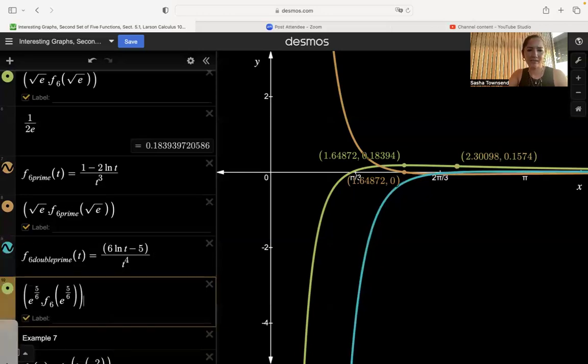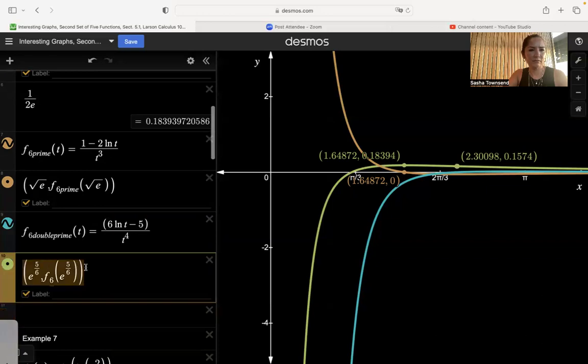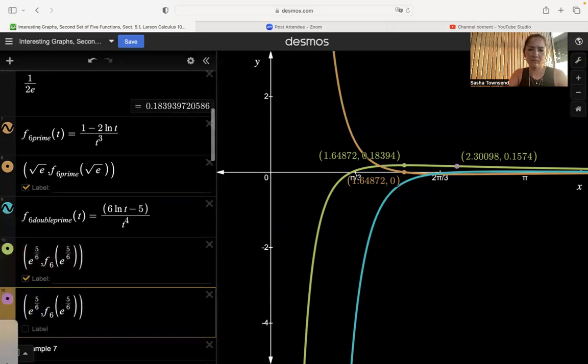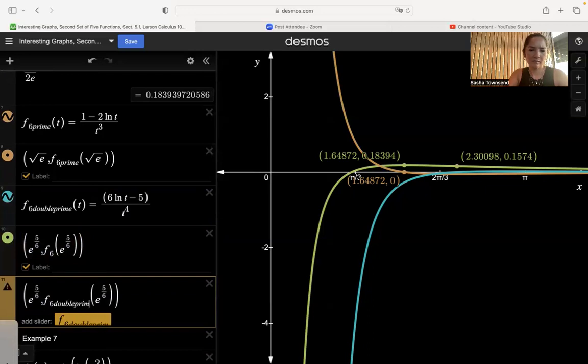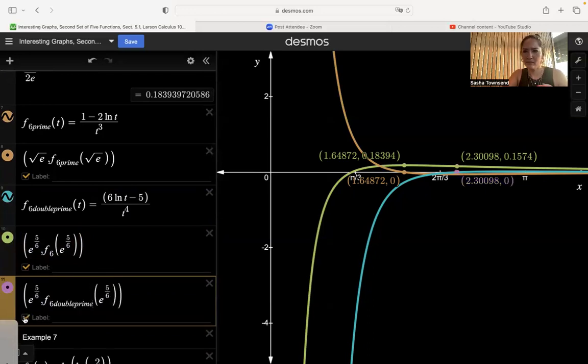Might be a good idea to look at the derivative there. Actually, let's just evaluate the second derivative there. Now the second derivative is supposed to be 0 there. So that is the point when the graph goes from concave downward to the left of it to concave upward on the right.